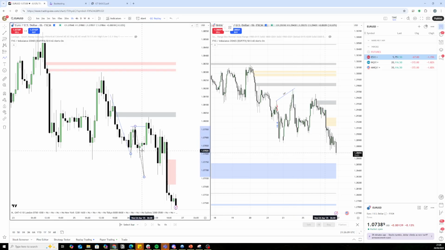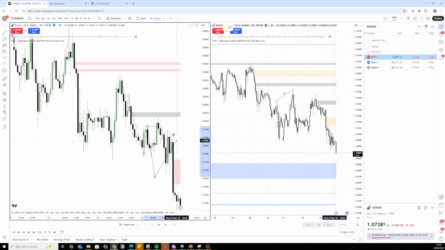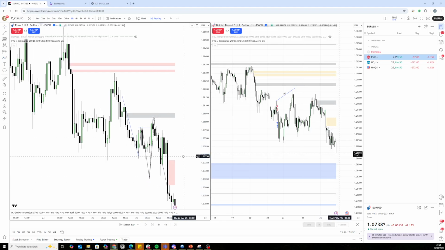But no, it actually needs fuel to go lower and make that move to break this level. So it has to take out this high and then make the move, because there's not enough fuel to send the market lower, if that makes sense. The market needs fuel, and that's what liquidity is. It's fuel to drive the market lower or higher.